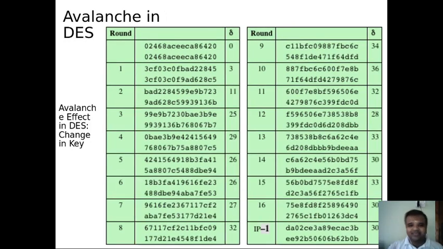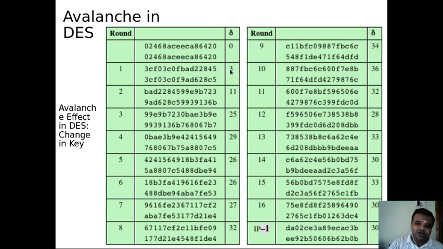Likewise, this example shows you the exact same plain text with just a 1 bit change in the key. You have the exact same data going in, but a 1 bit change in the round key, in the basic key, in the first fundamental 64-bit key, and that 1 bit change gets escalated.